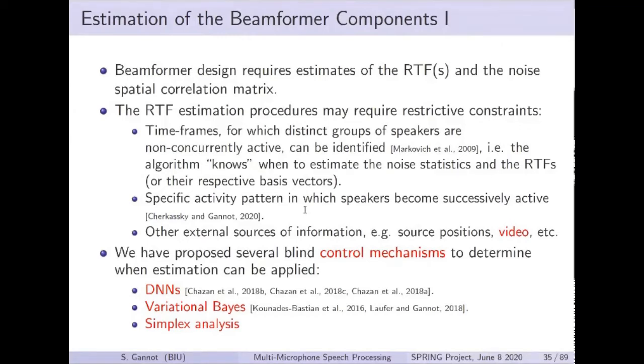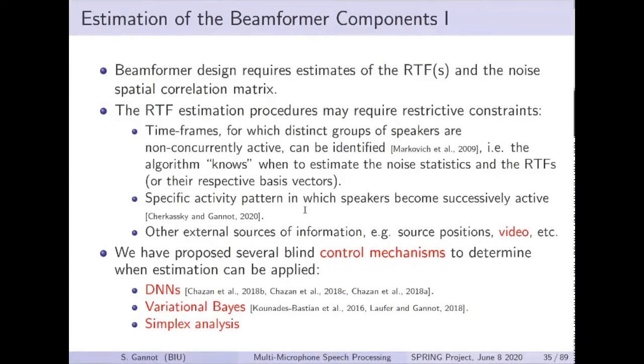Also, speaker identification, language, and so on can be used, but video looks like a very specific candidate that is already used in many algorithms, and we would like to incorporate it into the activity pattern identification that we apply here.